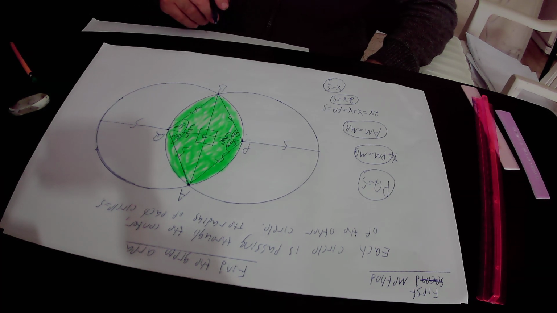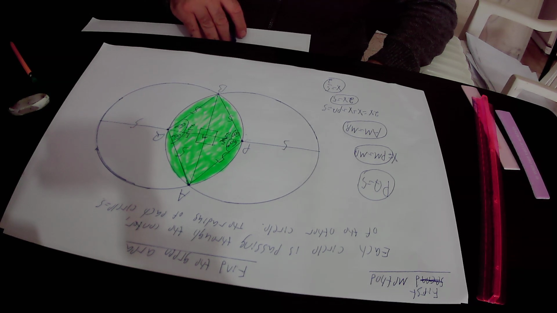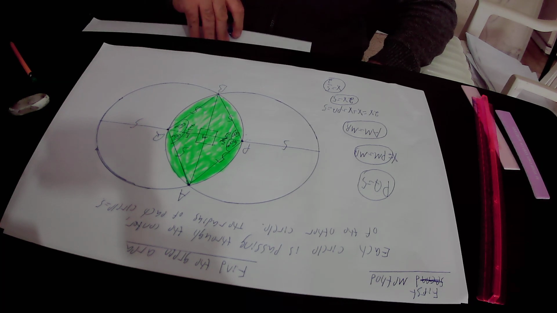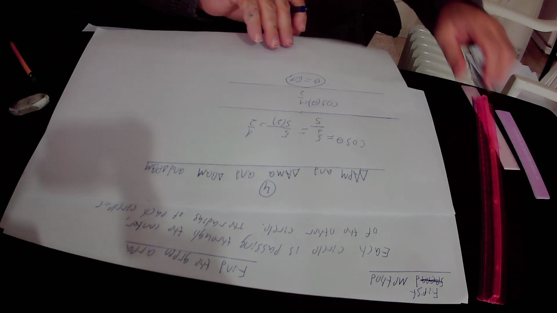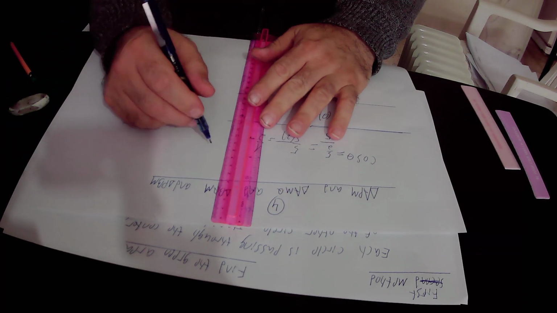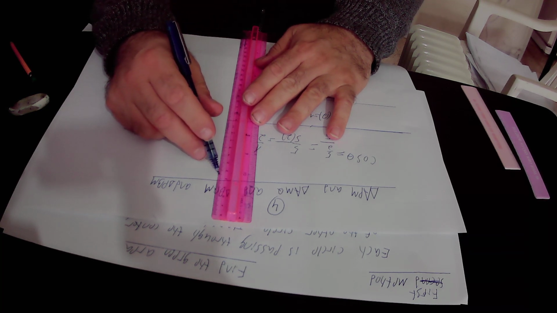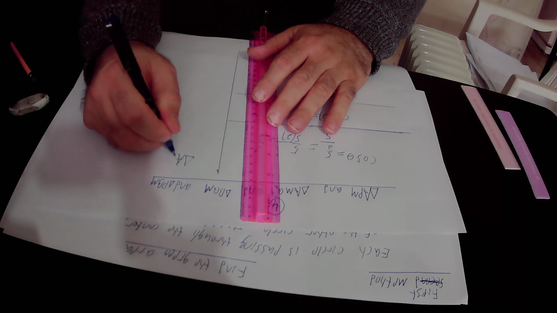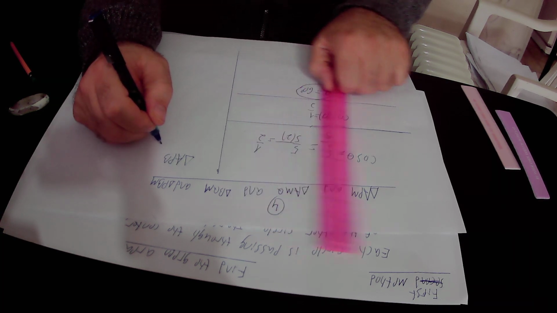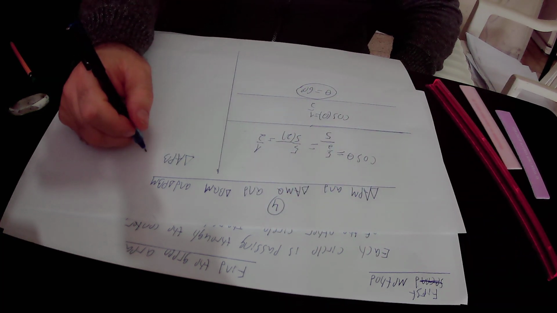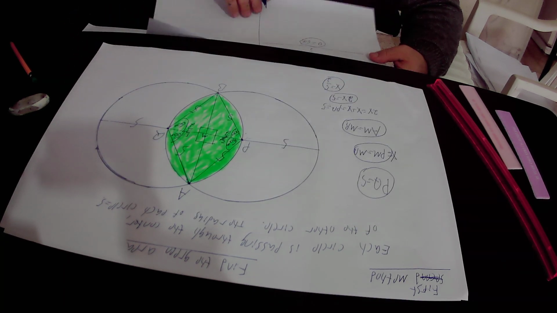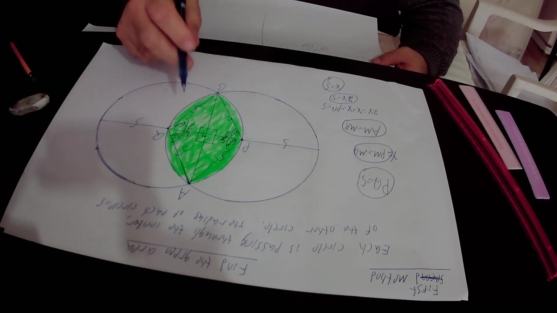So we will focus on triangle APB and triangle AQB.